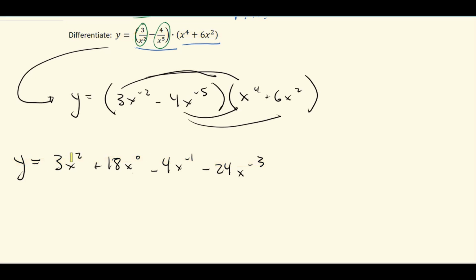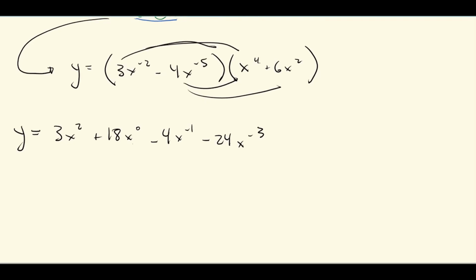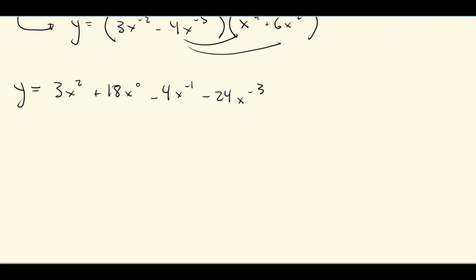And now we notice that all we have to do is use the product rule. Sorry, we have to use the power rule. So using the power rule, we get 6x. We got 18x to the 0th power, that's just 18, and we know that the derivative of any constant is just 0, so we don't even have to bother writing that down.